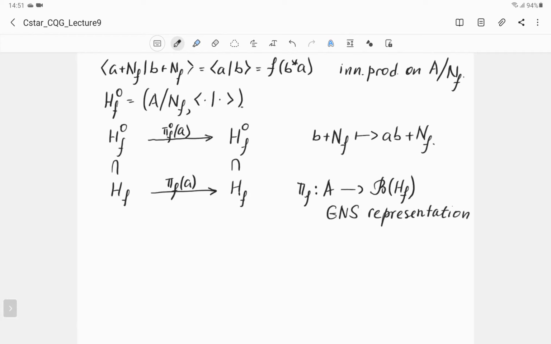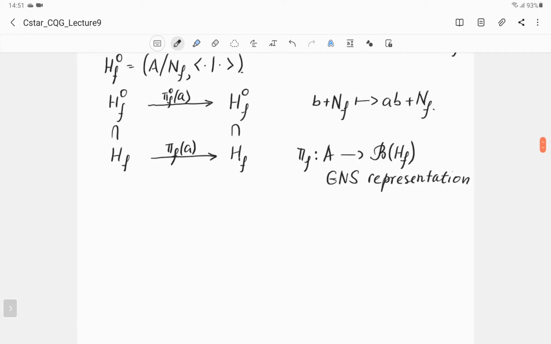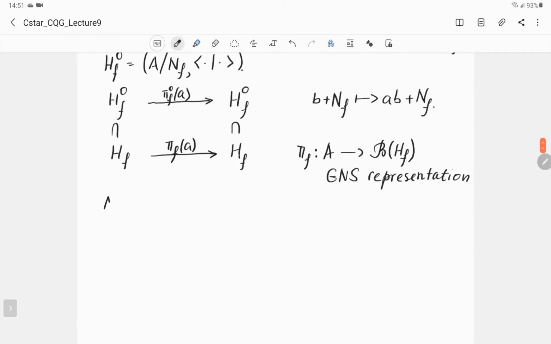Okay, let's now recall one more important property of GNS representations, which actually shows that they can be defined axiomatically. So let's denote by lambda_f the map from A to H_f given by the following formula.